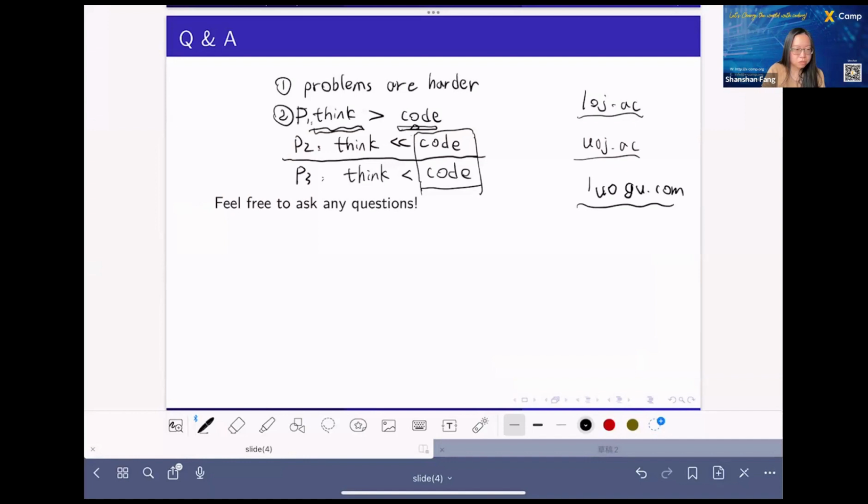Follow-up question from the same audience: only finished partial P1, any suggestion?